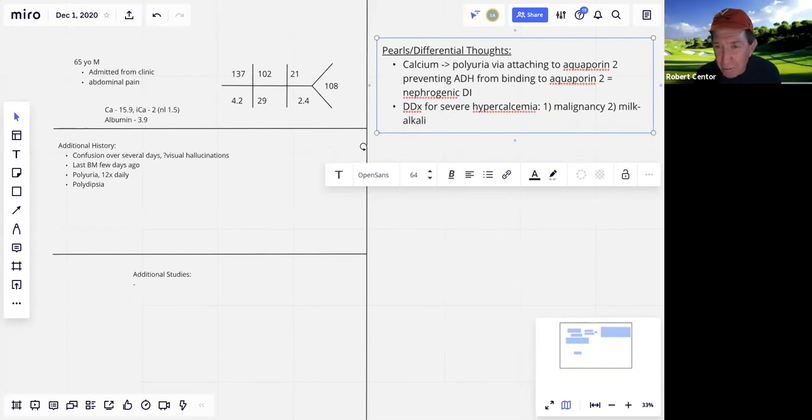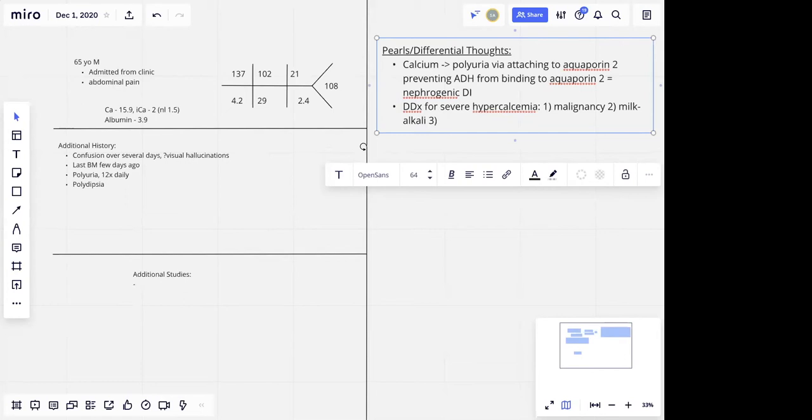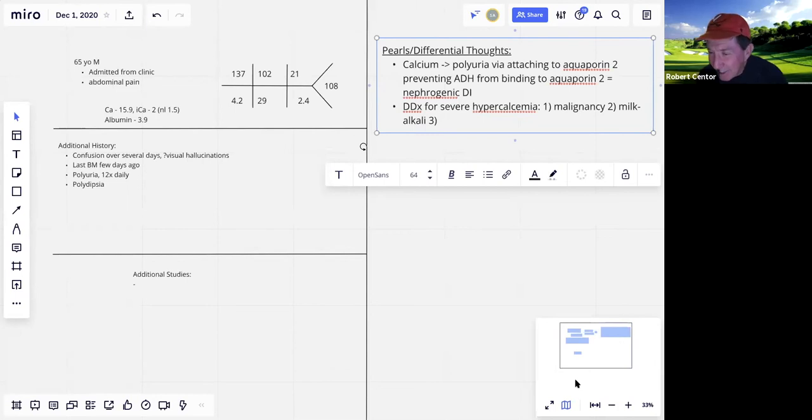Do you know why it's called milk alkali? Because people used to drink milk as an alkaline buffer for the acid in the stomach instead of the nowadays Tums, basically. So there was a diet called the Sippy diet, named after a surgeon called Dr. Sippy. Number 3 is hyperparathyroidism, Lindsay.